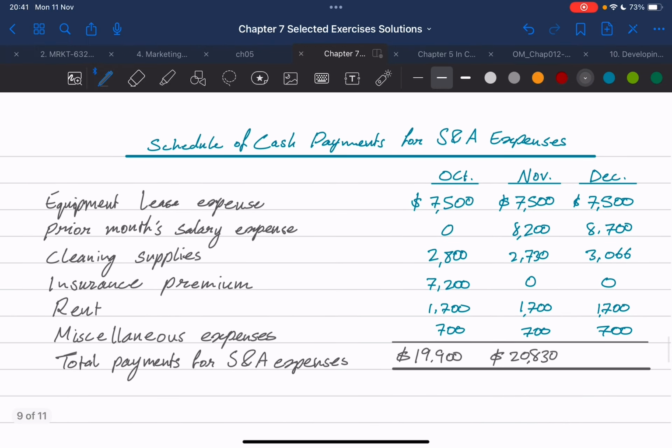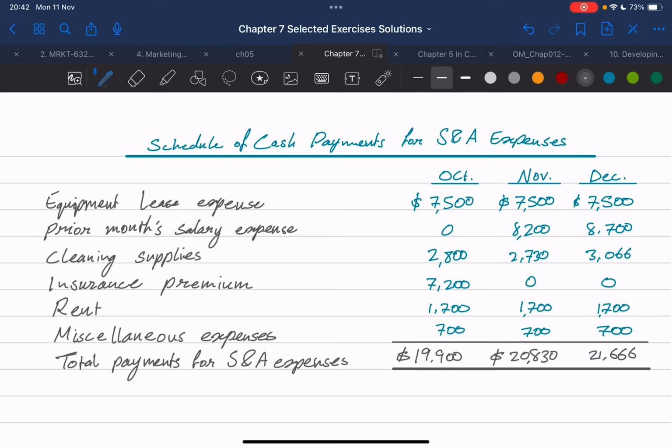So I'll move on to the last month, the month of December. 7,500 plus 8,700 plus 3,066 plus 1,700 plus $700. That would be 21,666.